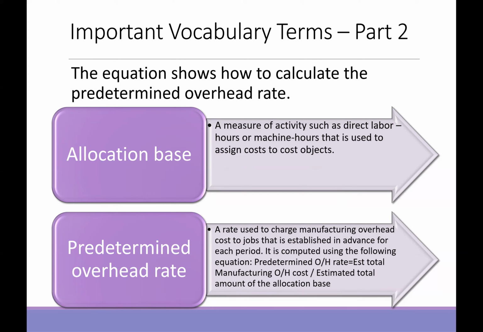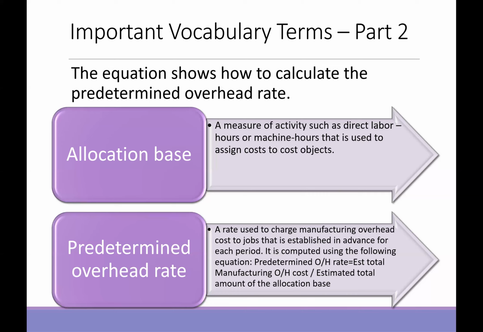We've become familiar with the term predetermined overhead rate. That's the rate we use to charge manufacturing overhead to jobs that we establish in advance for each period. So we come up with an estimate of what we think the total manufacturing overhead is going to be.